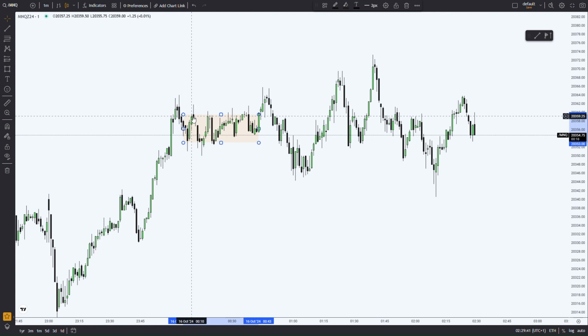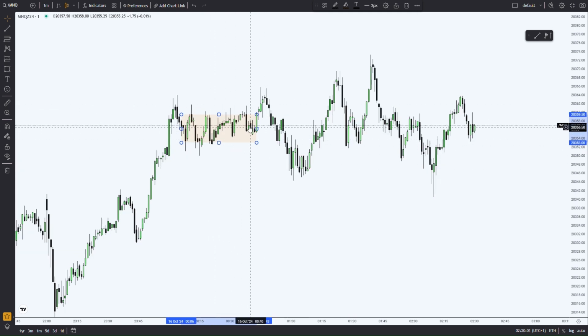The bodies are nearly in the same place. These little imperfections don't matter. This is a consolidation. This is a bullish momentum. This is a bearish momentum. That's all the market can do. It can't do anything else more than these. Only consolidation.